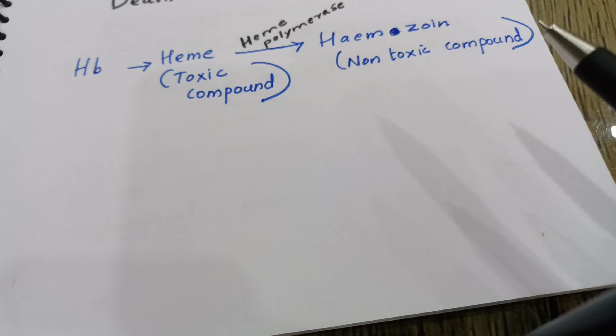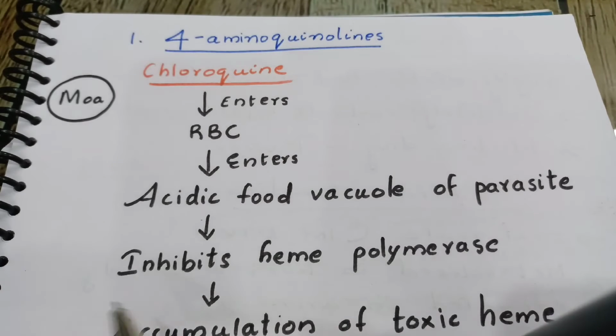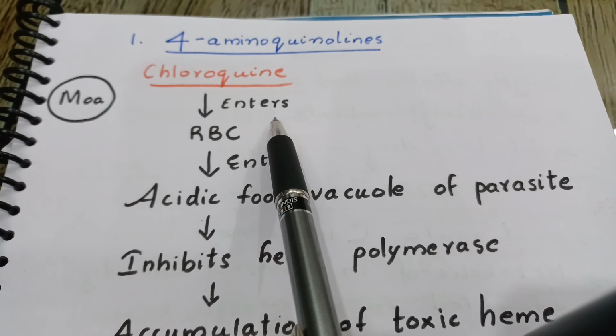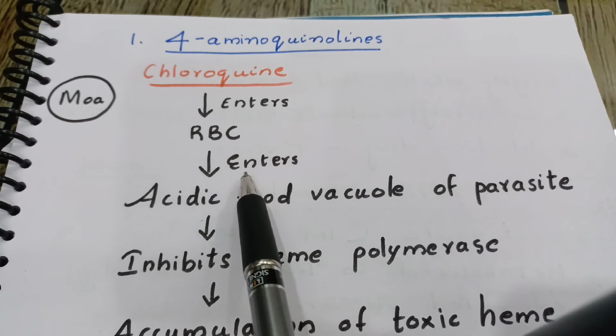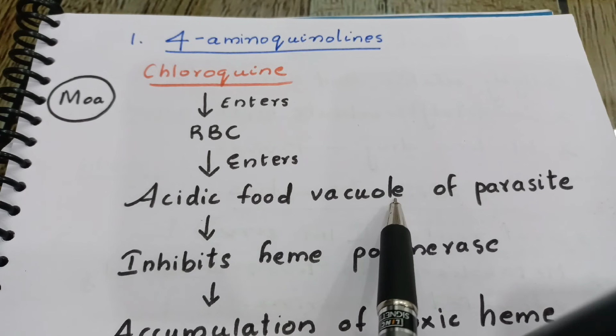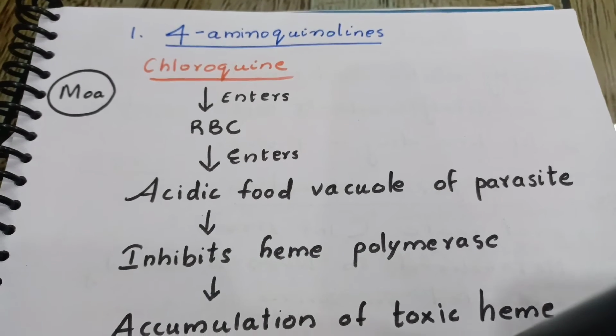Now let's see the mechanism of action of chloroquine. How does it work as an anti-malarial agent? So chloroquine first enters the RBC, then it enters the acidic food vacuole of the parasite. Thereupon, chloroquine inhibits the heme polymerase enzyme.